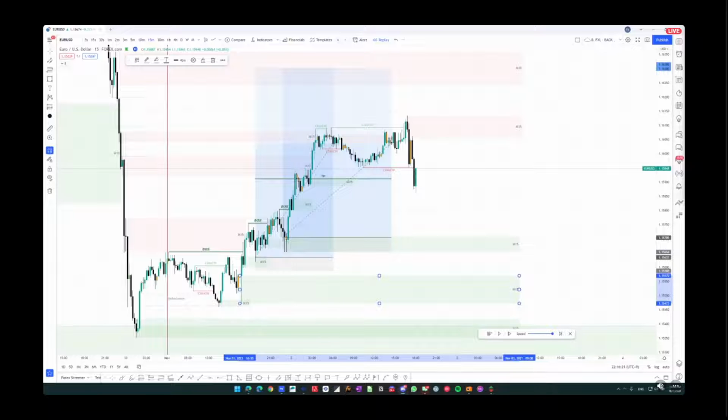It's still the flip, a full reaction, and we have the flip here. To be honest, we never know the real demand zone flip is here, right? You can see.